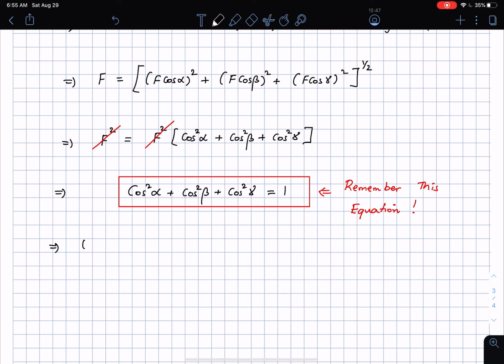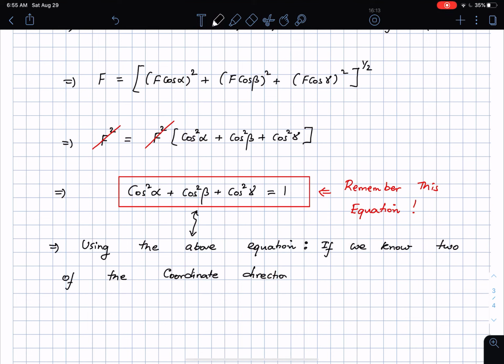Okay, so using the above equation, if we know two of the coordinate direction angles, then we can find the third. That is the beauty of this relationship, okay?